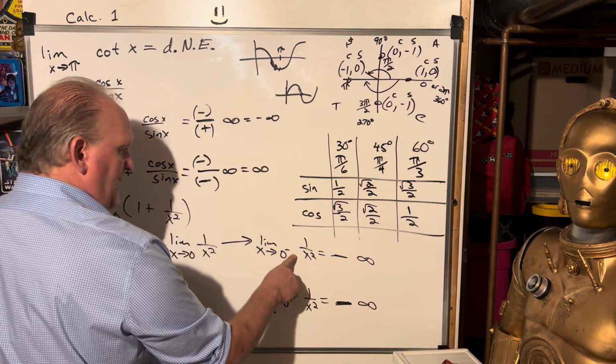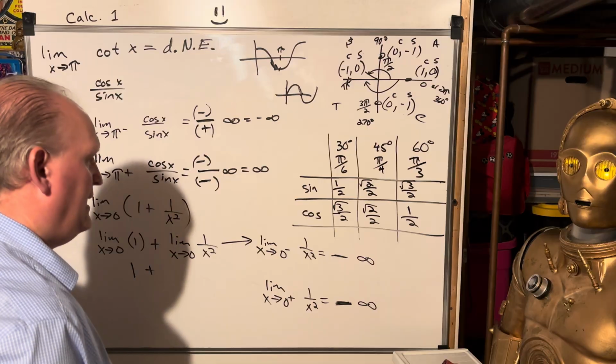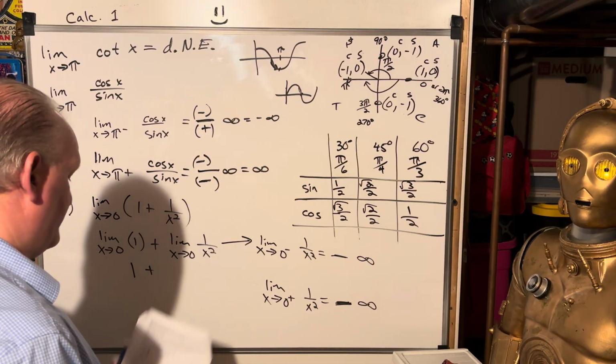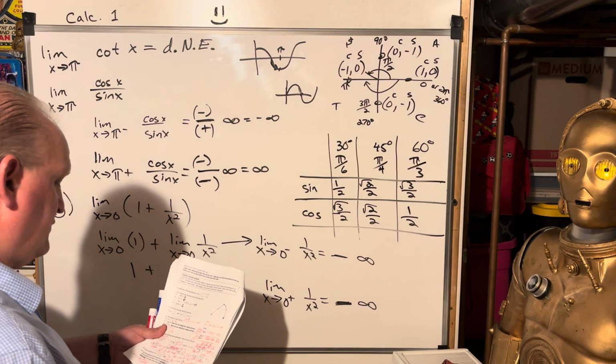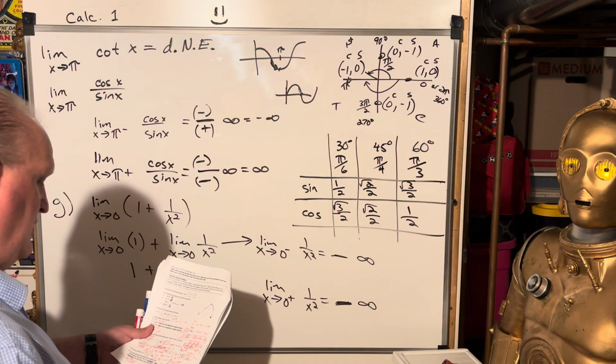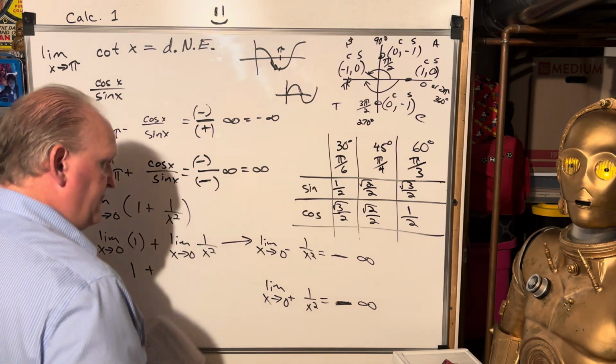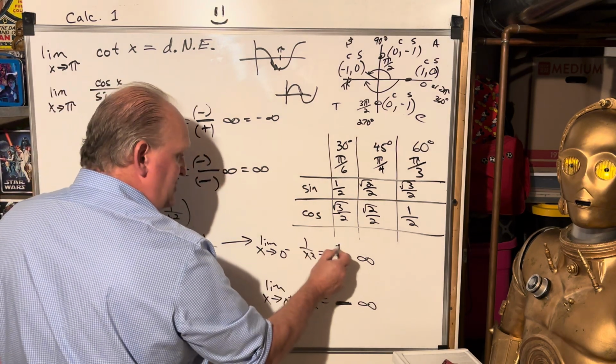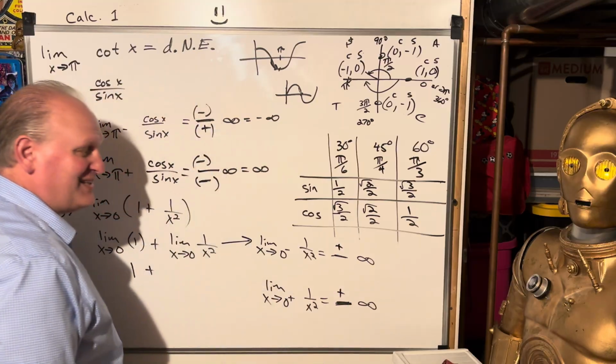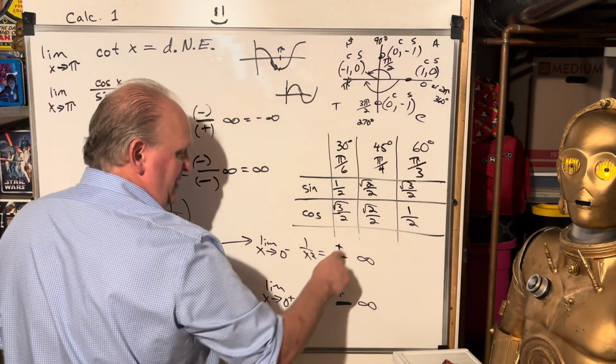From the left side, as it's approaching 0 from the left, well, the top is 1, so that's positive no matter what.